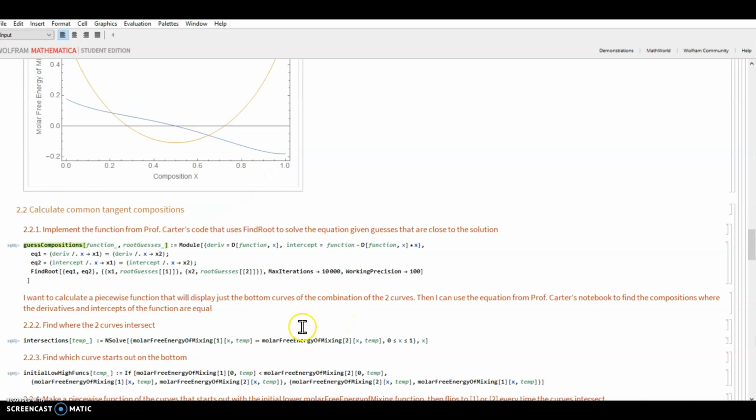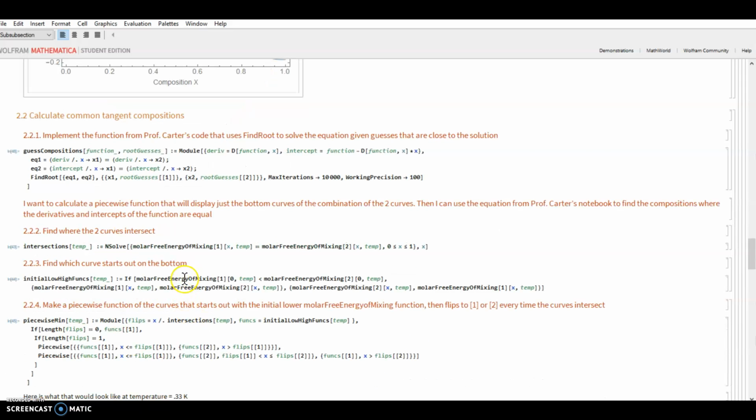So what I wanted to do was create a piecewise function that would just display the curves with the lowest Gibbs free energy. To find common tangent compositions, we don't care about this part of the curve. What we care about is this part of the curve. So I found where the curves intersected. Then I found which solution model started out with the lower Gibbs free energy.